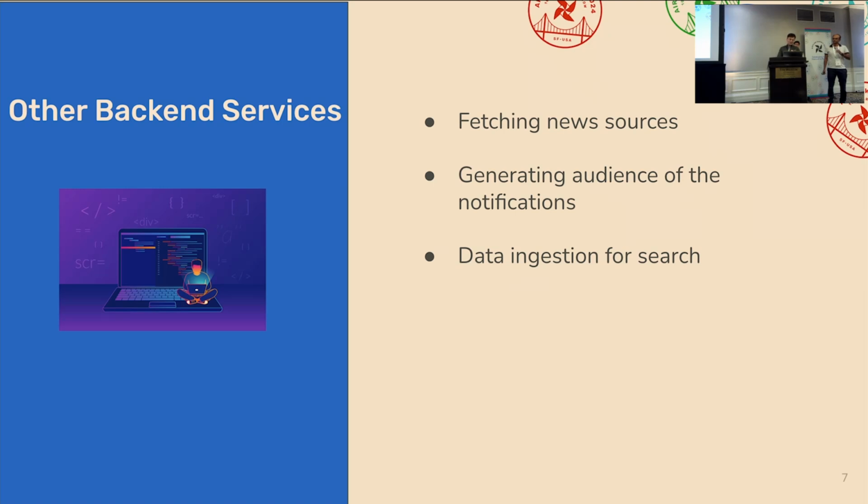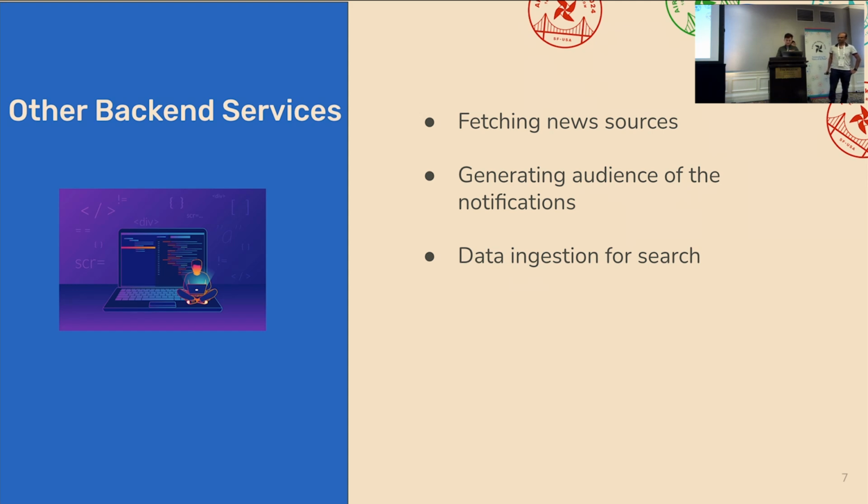After that, we have a bunch of other backend services that also use Airflow in different scenarios. We fetch news sources, like the stock-related news we display for each stock, and these resources come from different vendors. We also generate audiences for notifications to send to customers.